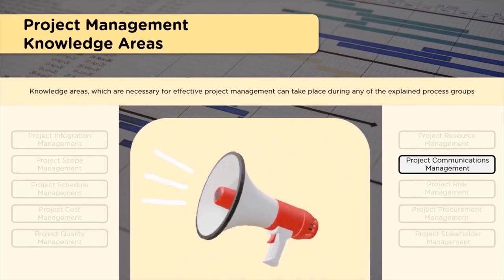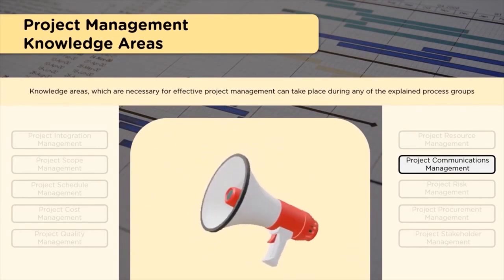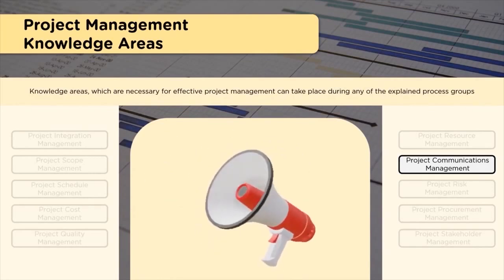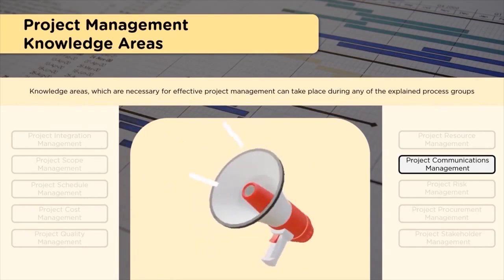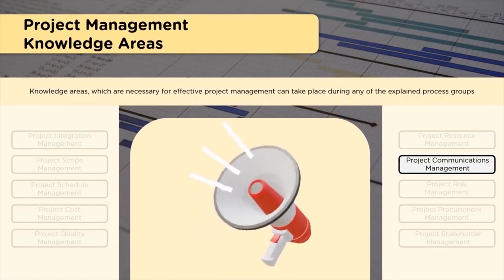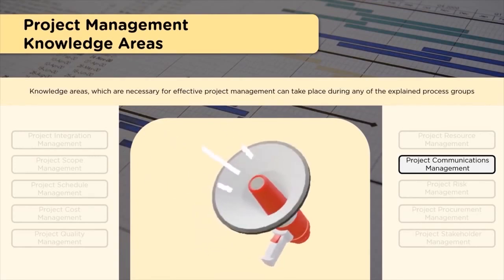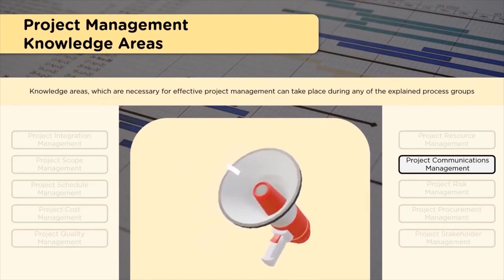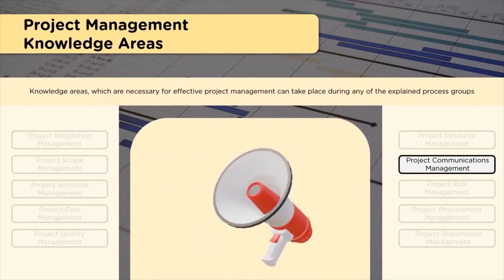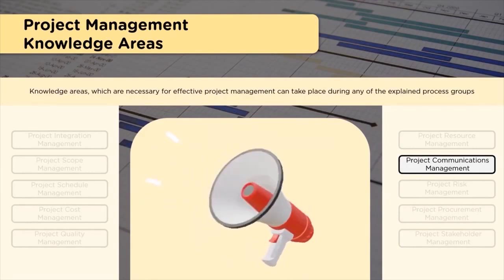So when we say project communication, firstly we need to understand what communication is all about. Communication is used to convey something to someone. So there should be two parties, the communicator and the one who receives it, meaning sender and receiver. Very important here is that when the sender sends a certain message, how it is received at the receiver's end.